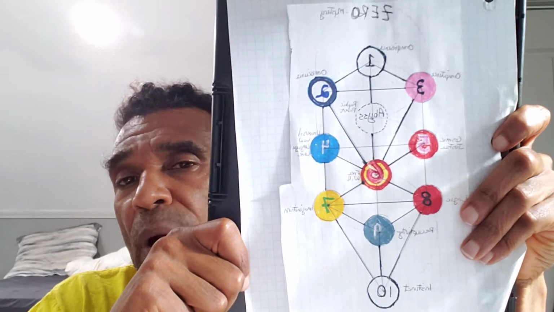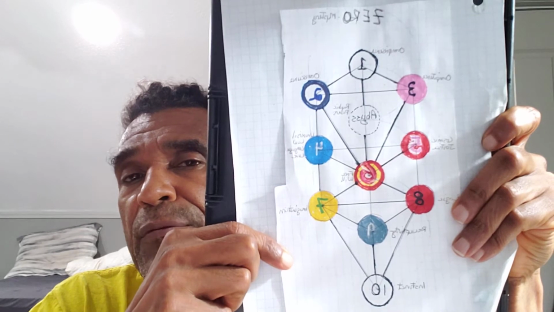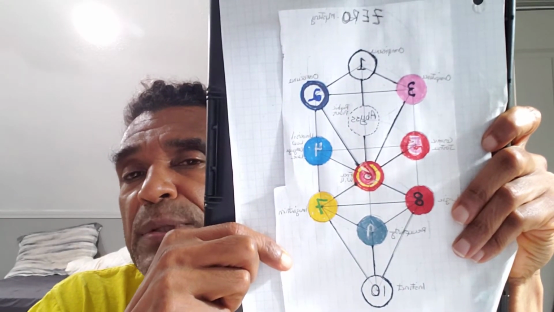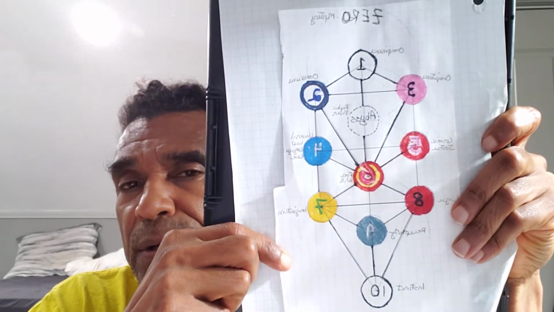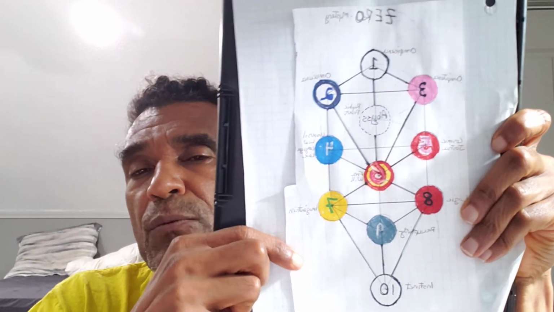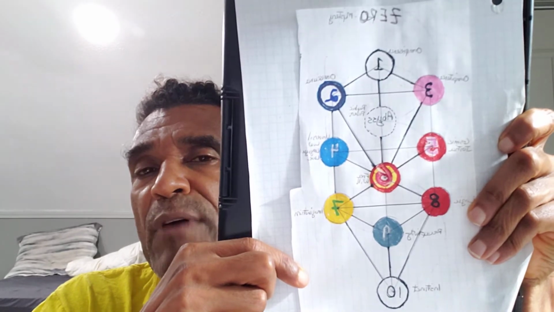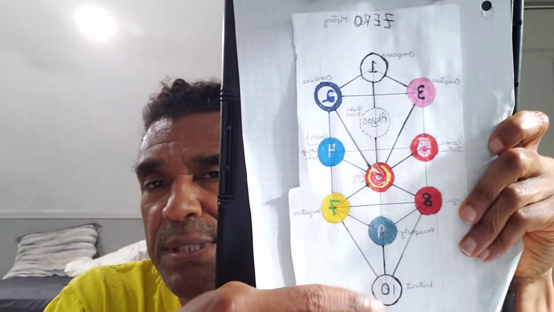So when we learn the tree, we learn it for the purposes of using it for positive purposes and also for defending ourselves against those evil attackers. That is another reason why I teach the Tree of Life. Basically it is a map of our faculties of consciousness, or a map of consciousness.